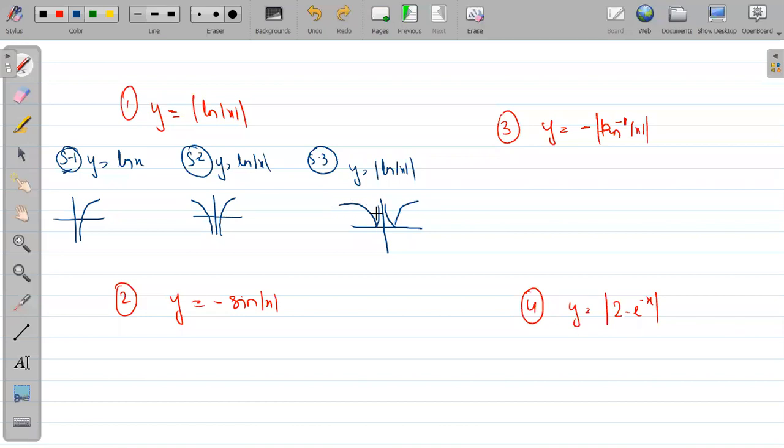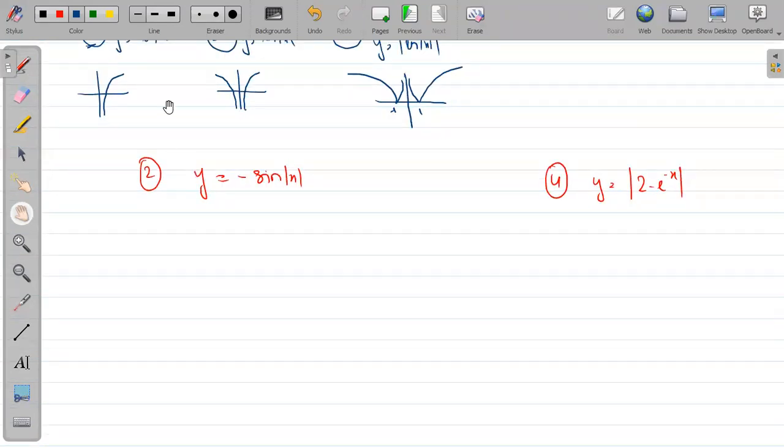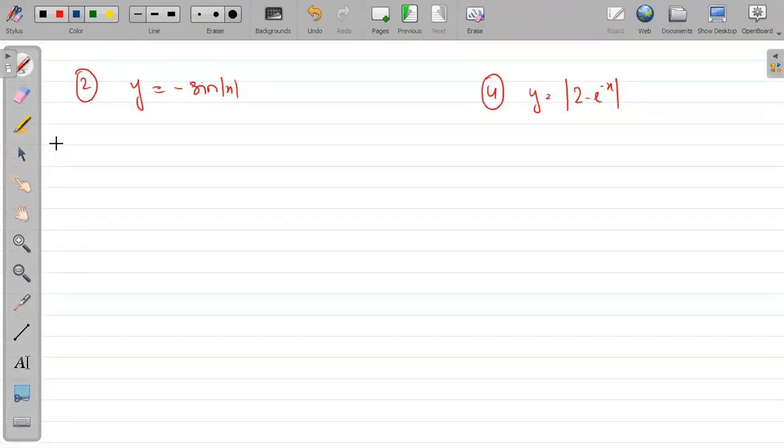You will get these graphs. Some graph will come like this. It is 1, it is minus 1. Correct only.